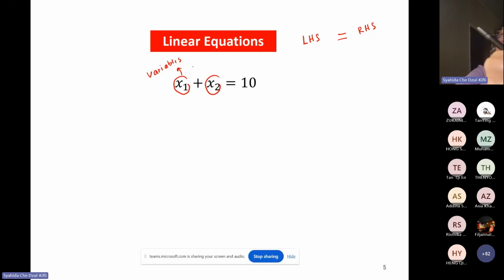There are two variables, x1 and x2. And on the right hand side is a real number, 10. So x1 plus x2 equal to 10. So this is an equation.